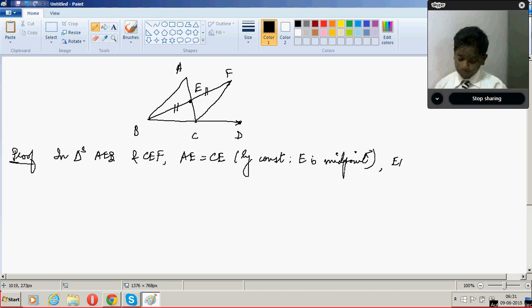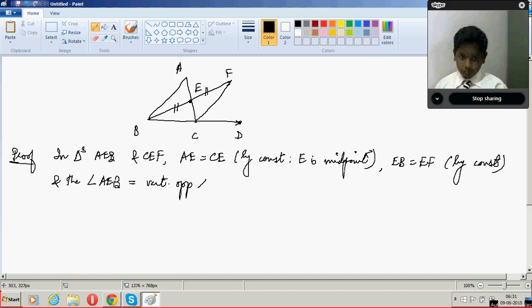EB equal to EF by construction, and the angle AEB is equal to the vertically opposite angle CEF. So we can mark them. As we write the proof, we can do markings on the diagram, which will give us further hints how to complete the proof.